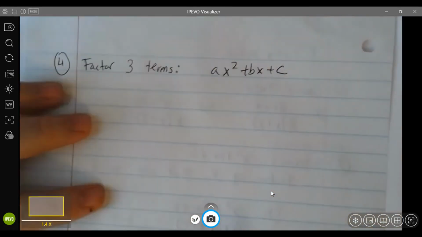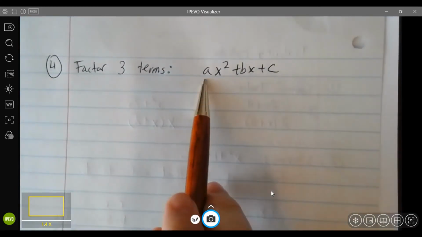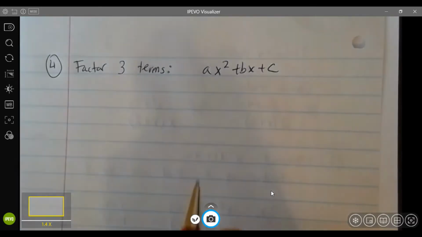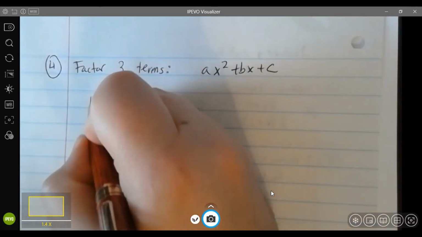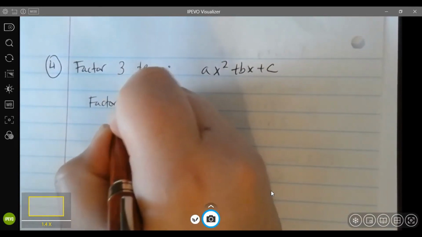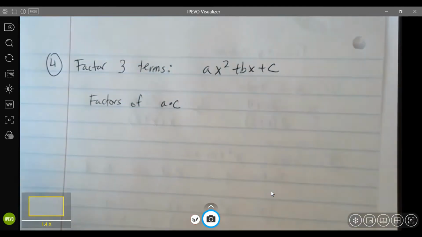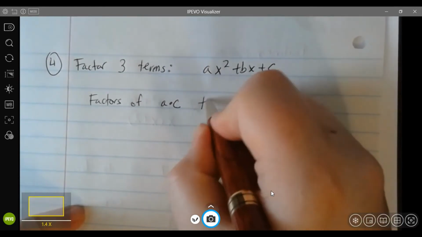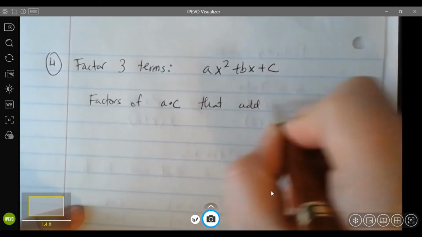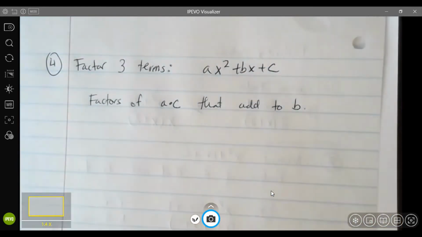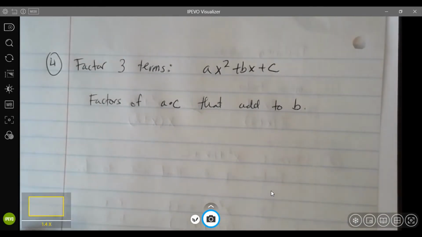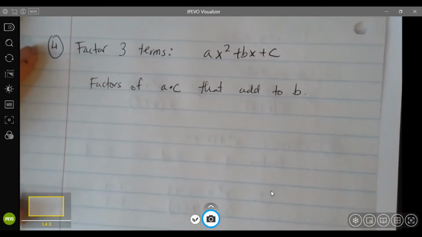If the number in front of x squared is some number other than 1, the way we would factor it is this: we would take factors of a times c that add to b, and then we'll factor this one by grouping. So let me show you an example of how to do this one.